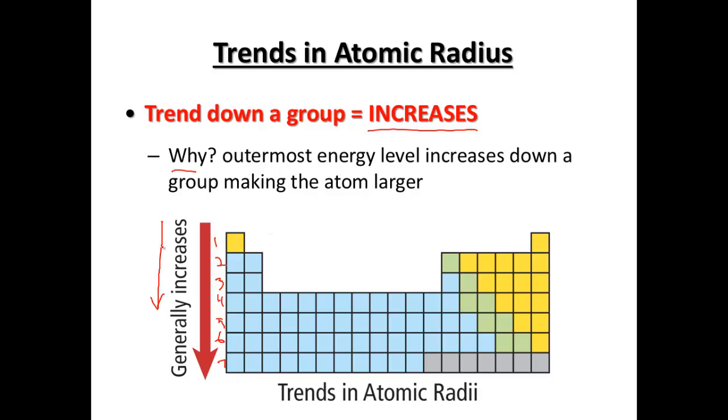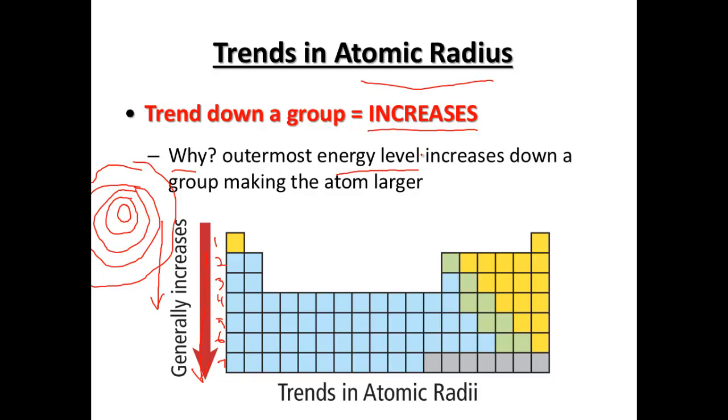As we're going down the group, we start off with 1 energy level, then 2, 3, 4, 5 energy levels. So each time we go down the group, we're going to get larger and larger atoms. That's our first trend with atomic radius: more energy levels as we go down the group.